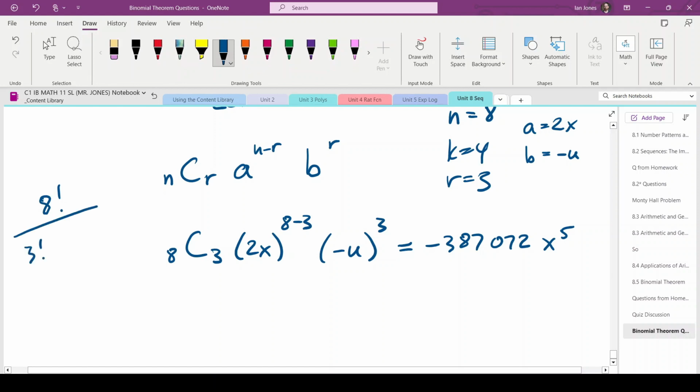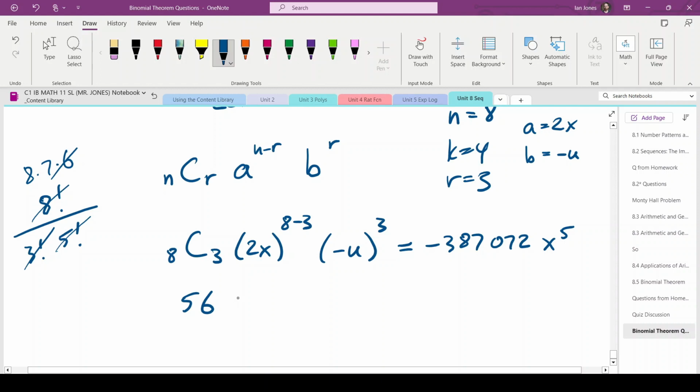So we have 8 factorial over 3 factorial times 8 minus 3, which is 5 factorial. I'm canceling out the 5 factorial, and I'm going 8 times 7 times 6. And then 3 factorial is 3 times 2, which is 6. So basically I have 8 times 7, that's 56. So 8 choose 3 is 56.